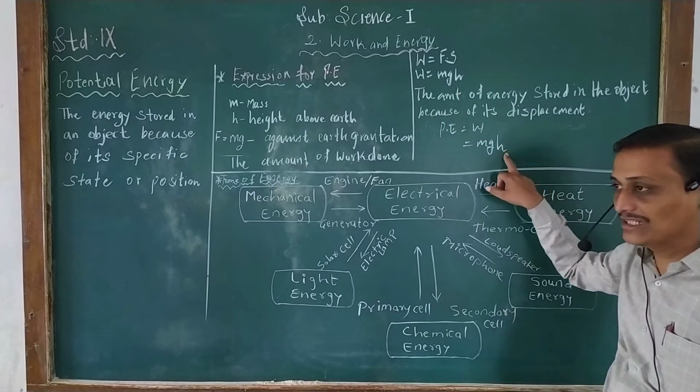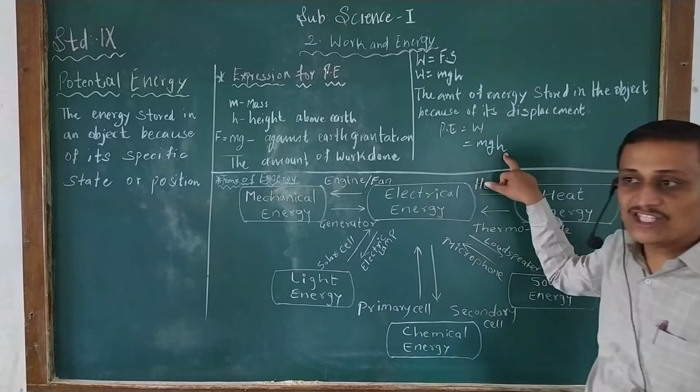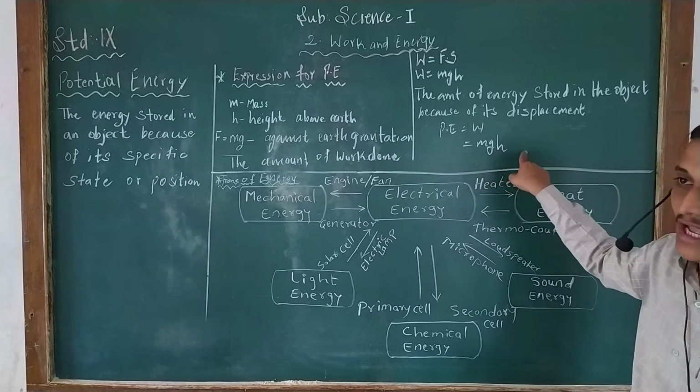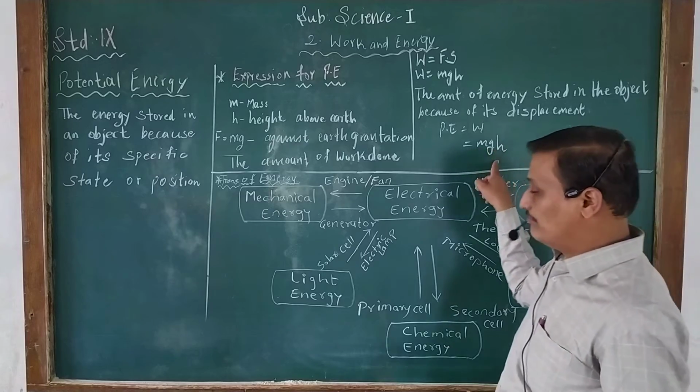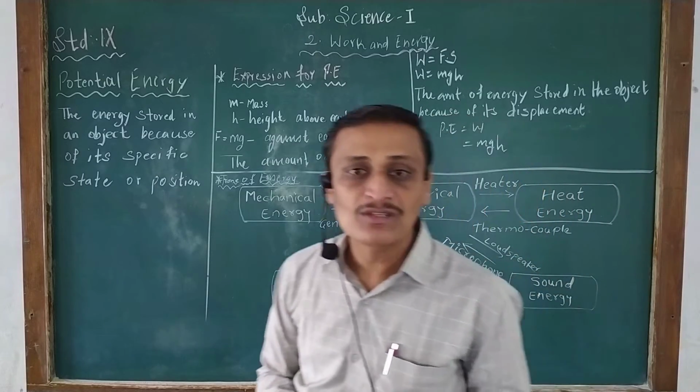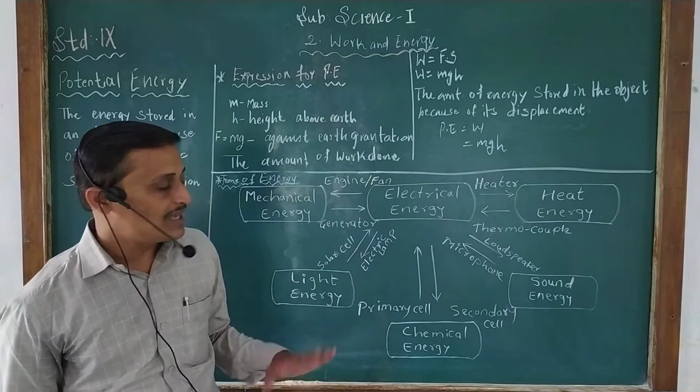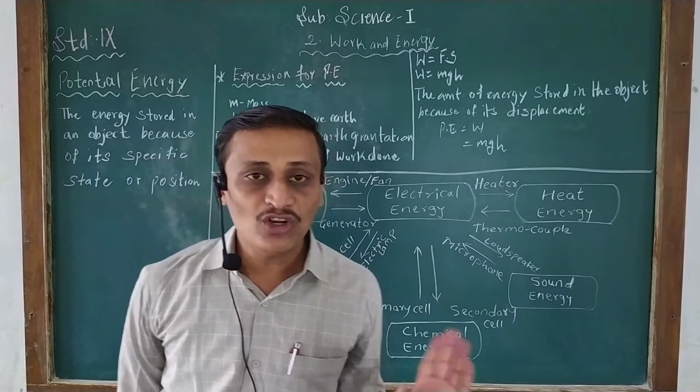That value we put here, and we derive the expression for potential energy, that is potential energy is equal to mgh, and by using this we can calculate the potential energy of the object.